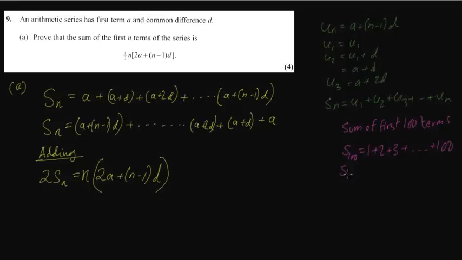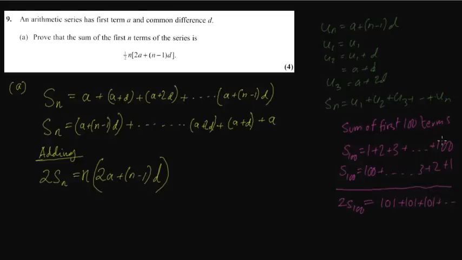Now if I reverse this S100 and write 100 first, and then write the first terms after, like this, if you check, now if I add this, then S100 plus S100 is 2S100. Now 100 plus 1 is 101, plus 2 plus the one previous to 100, which is 99, would also be 101, plus the one previous, that is 98, 98 plus 3 is also 101, and so on.